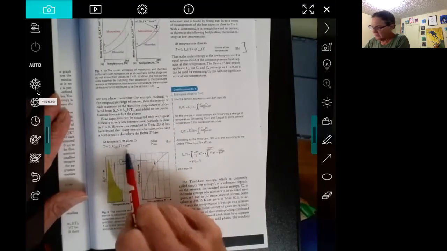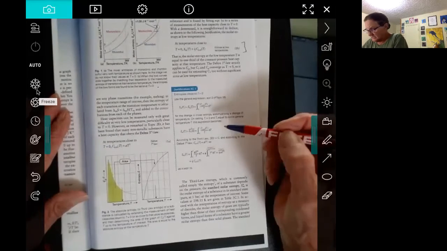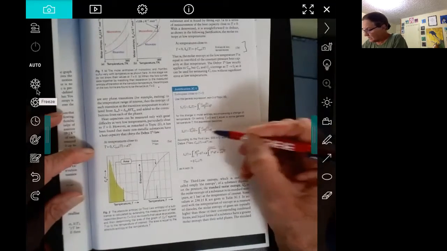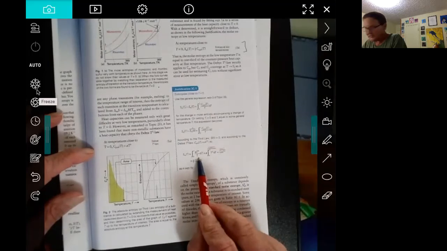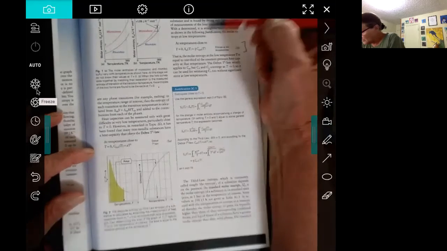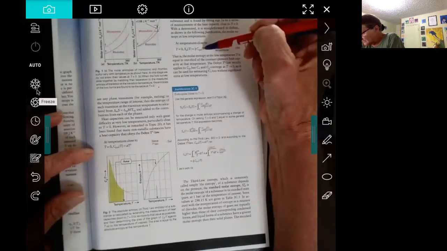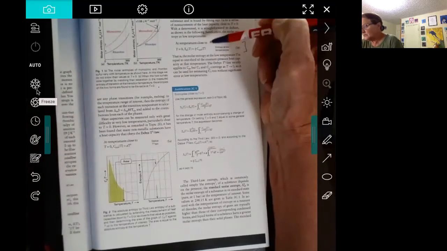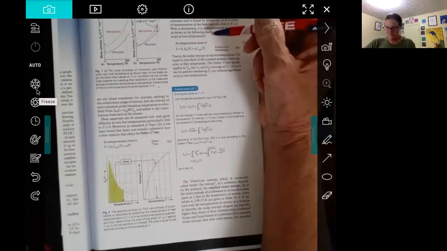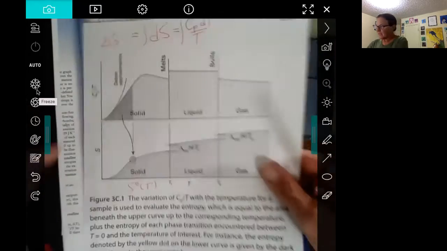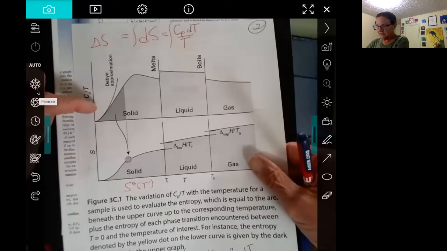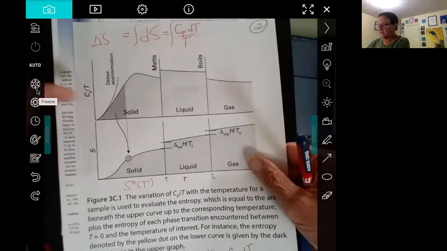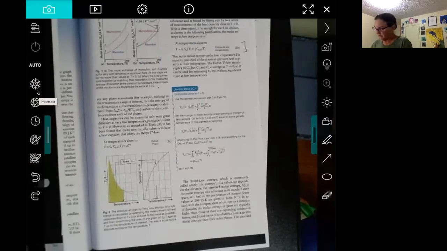If you take that, which is the heat capacity, divide it by T, which they do right here in this justification, and then integrate over T, you end up with 1/3 times the heat capacity. So that's an approximation for those low temperatures. Down here it says it uses the Debye approximation. That's what that is: we can't measure way down here, so we'll approximate it with something we know is a pretty good fit.